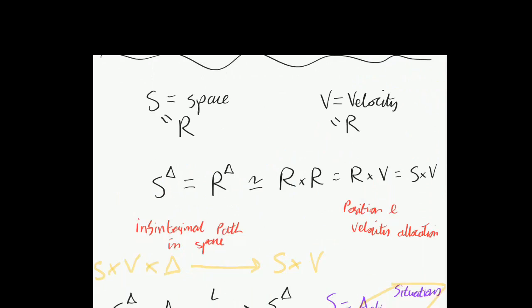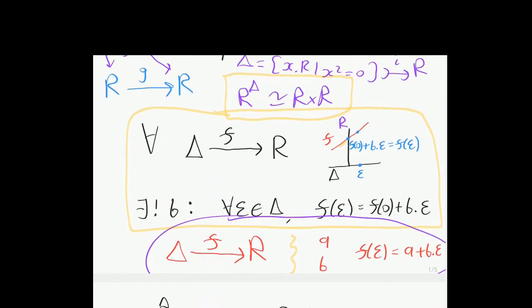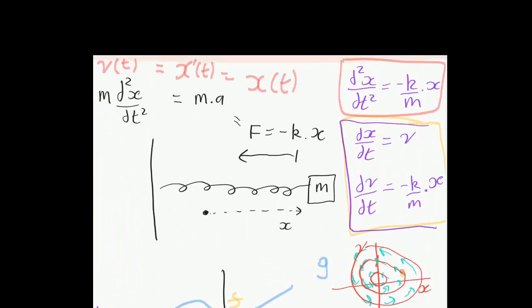Okay then, so let's have a look at how we can analyze this kind of situation from the synthetic differential geometry viewpoint. Firstly, we're interested in how this system moves. So we could think that there's a point on the end of this spring. Maybe we think of the mass as being point-like.